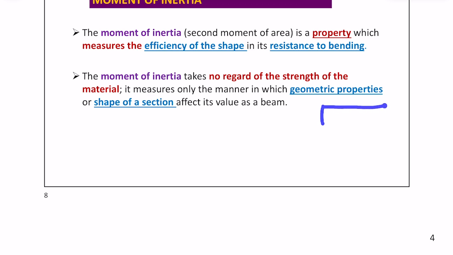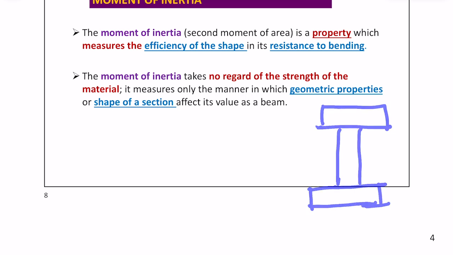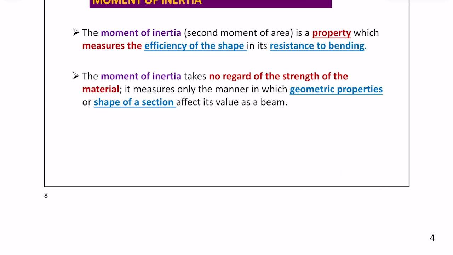Sebab kalau you just ambil kira area, it doesn't really matter shape tu rupa dia macam mana, asalkan area dia is a big value dan you ingatkan the value is enough. Okay, they tak take into regards the shape of the object, but what we need to know is the shape of object also affect the efficiency dalam resist the bending.